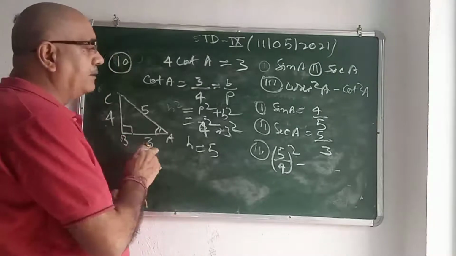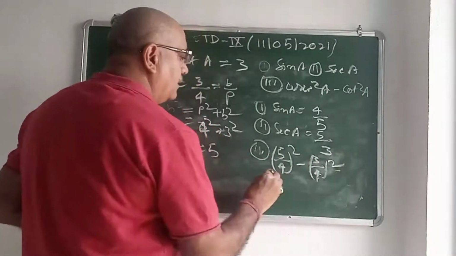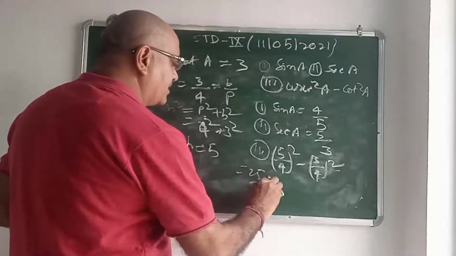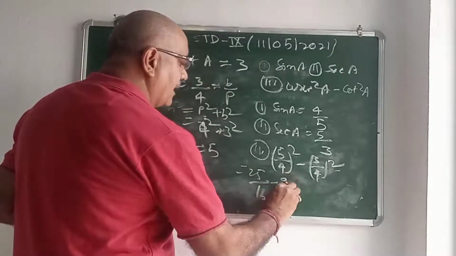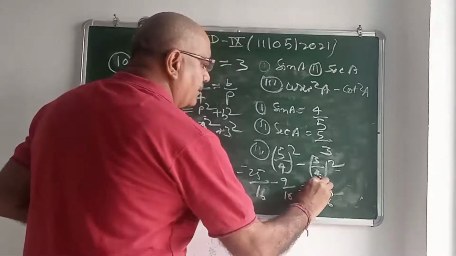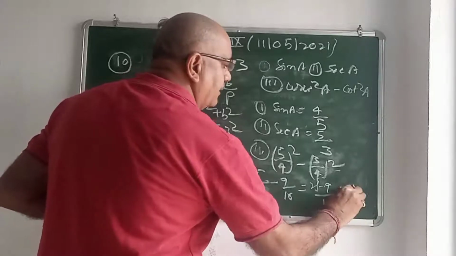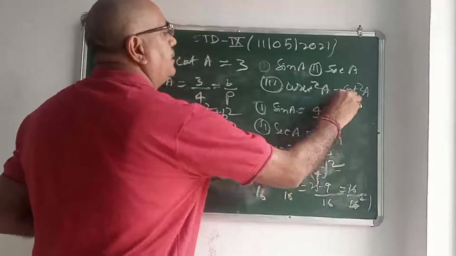Tan is P by B, this is 3 by 4, so (3 by 4) square. So this is 25 by 16 minus 9 by 16. LCM is 16, 25 minus 9, 16 by 16. That is 1. So this value is 1.